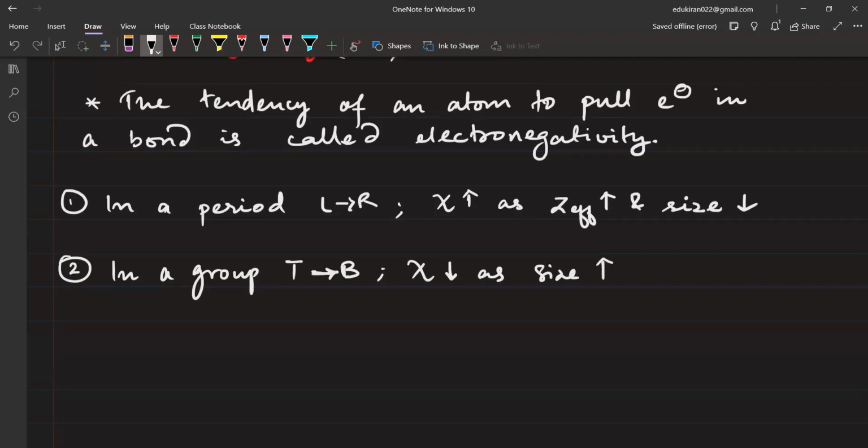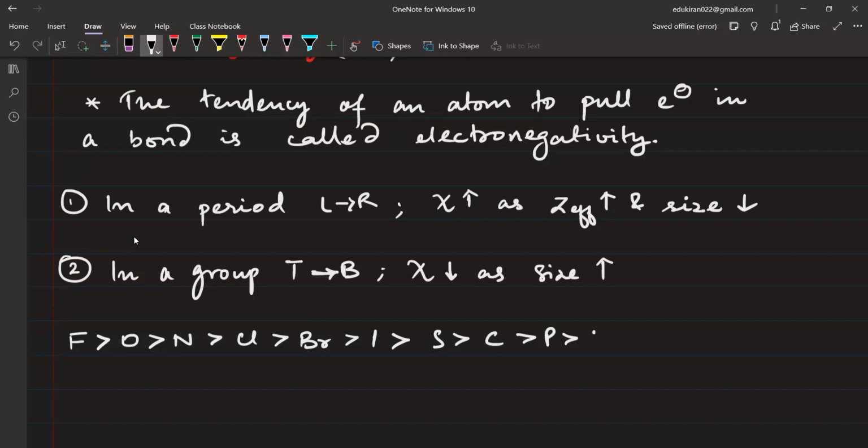Because we are learning electronegativity in this class, I will write the electronegativity series, considering all the atoms, periods, groups and everything. So please write: the most electronegative element is fluorine, followed by oxygen, followed by nitrogen. Then it is followed by chlorine, bromine, iodine, followed by sulfur, carbon, phosphorus, and hydrogen.